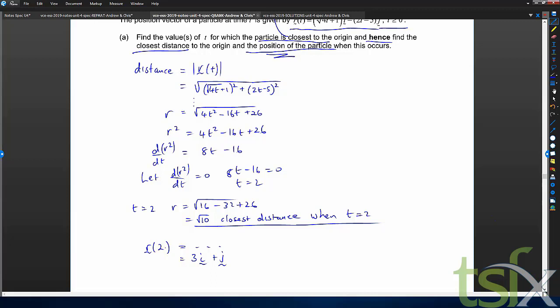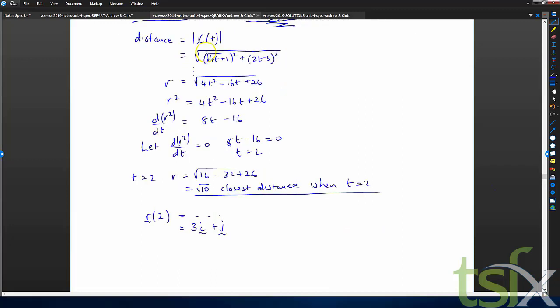Now, what was it we had to do? Work out the last part, the position. That's the vector, isn't it? Do I have to put it in coordinate form? Well, it didn't ask for coordinates. So we could say it's at 3, 1, couldn't we?